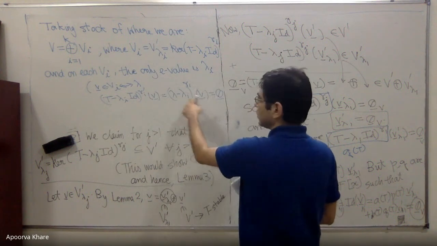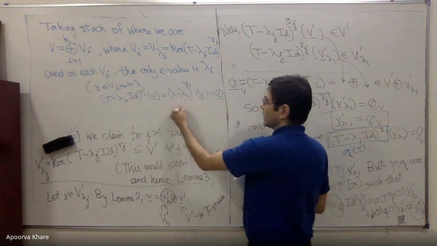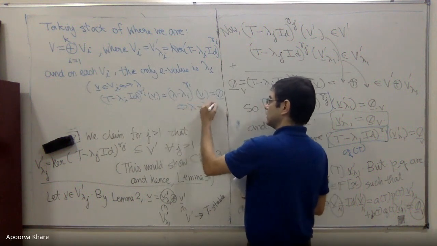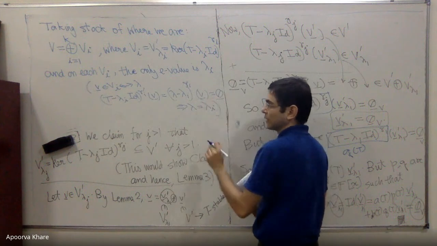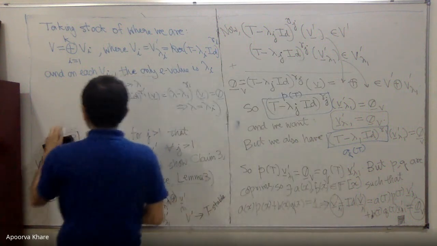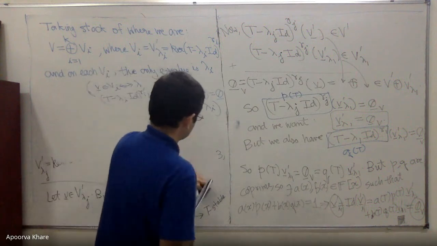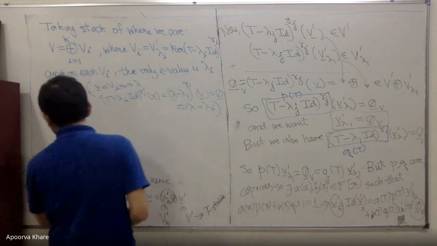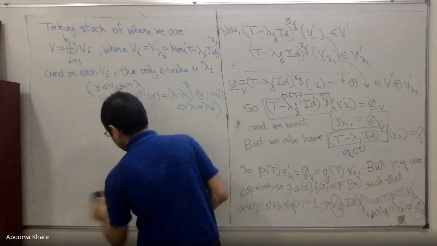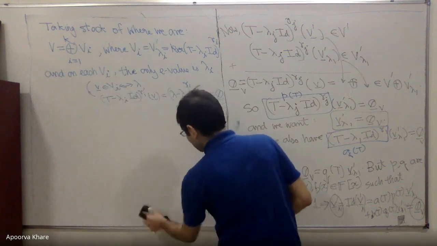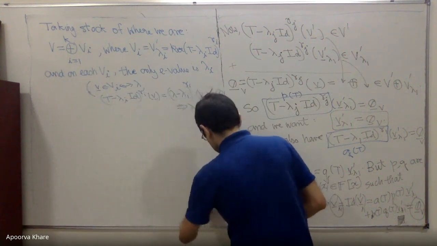But v is not 0, therefore this must be 0, therefore lambda equals lambda_i. I'm just writing it down very quickly, but this is the same calculation you have seen two times in the previous part of the proof of Lemma 3. Okay, great. So that is where we are so far.